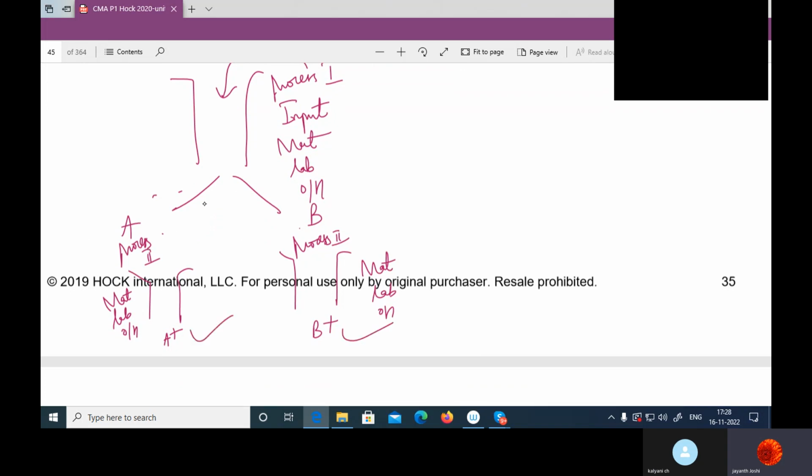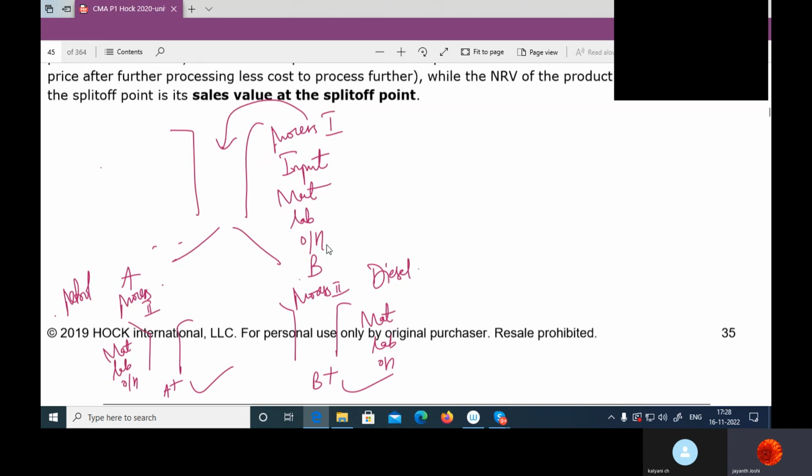How? We got a product called petrol here and we got diesel here, correct? So what was the cost here? The cost was just for raw material, that is crude oil, correct? Here you have two different materials giving you two single products.